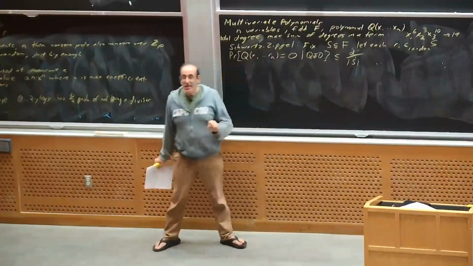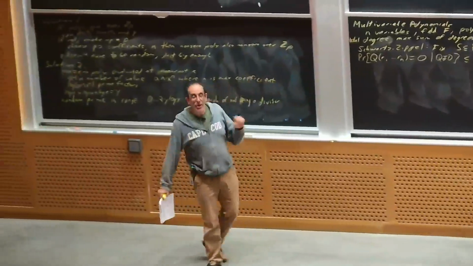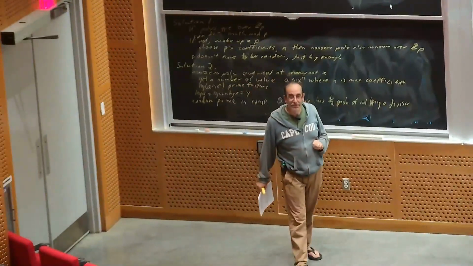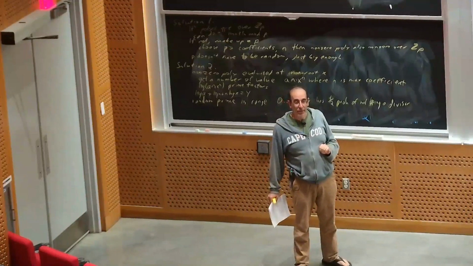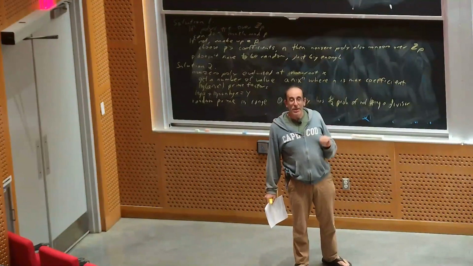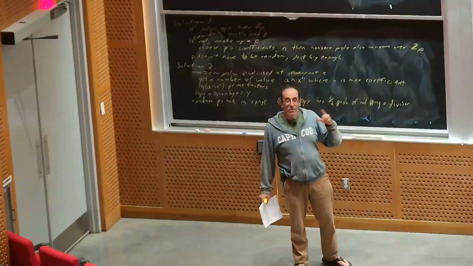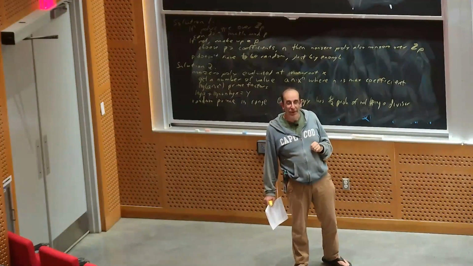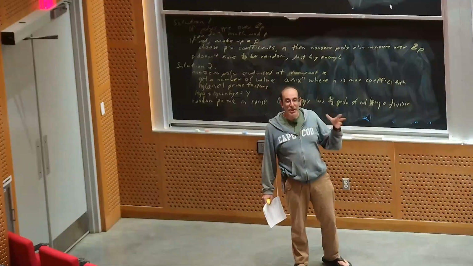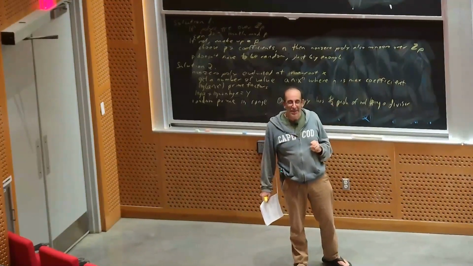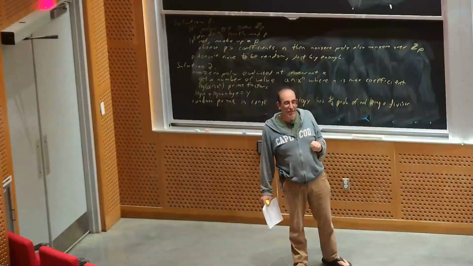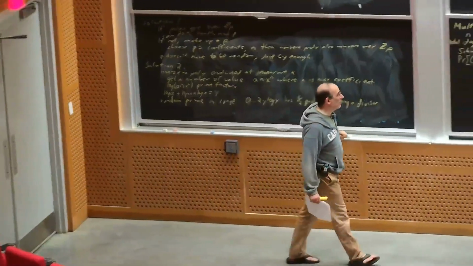This says that exactly the same result is true no matter how many variables you're dealing with in your polynomial. Okay? Which is a little bit surprising because a multivariate polynomial can have a lot more roots, right? It can actually have exponentially many roots. But we still get this small chance of being fooled.